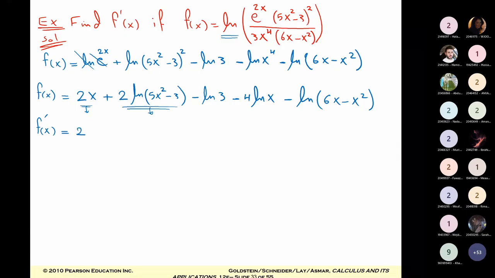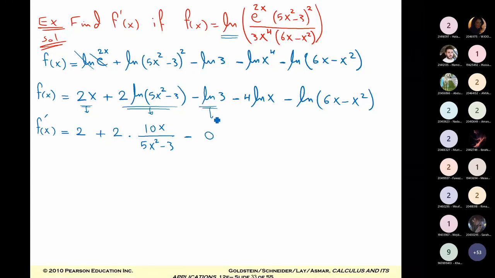What's the derivative of ln of 5x squared minus 3? This is 10x over 5x squared minus 3. The derivative of ln equals a fraction: the derivative inside the ln over inside the ln. Now minus 3, this is 0.